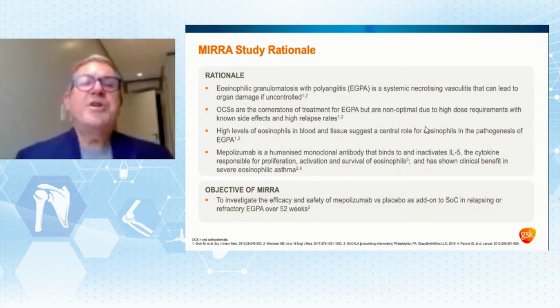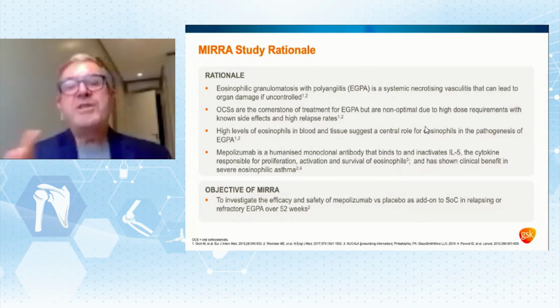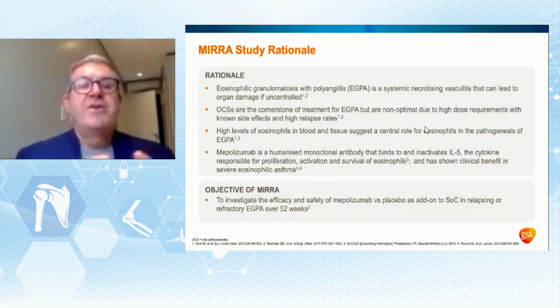Usually the blood numbers are higher than 1,000 per microliter, and mepolizumab is a monoclonal antibody that is able to block IL-5 and avoid the proliferation, activation, and survival of eosinophils in the circulation, also decreasing the amount of eosinophils in the system.